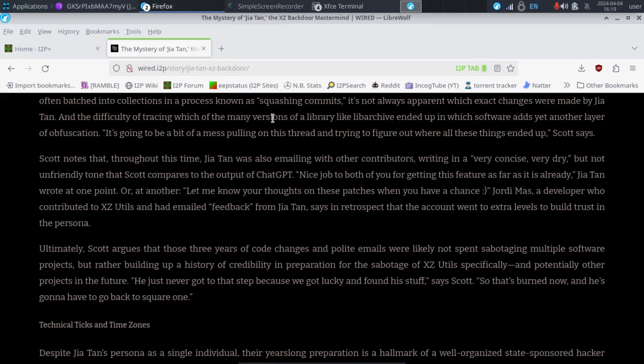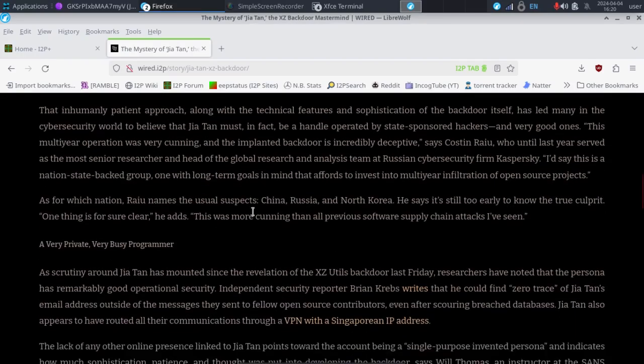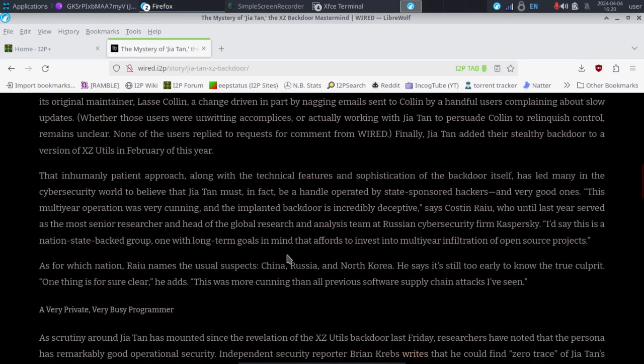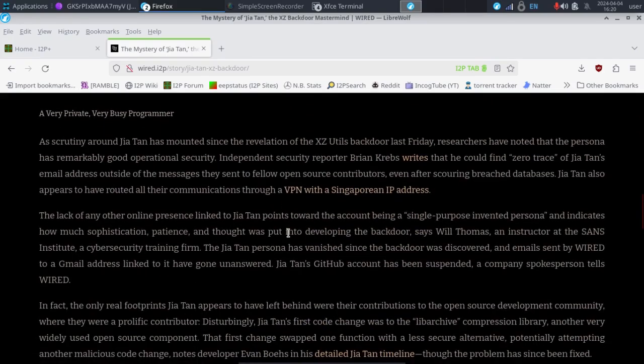So this person was very friendly, very helpful to the project, and at the same time, we also had those who were beating down the maintainer using emails to basically complain about it not being updated enough. So while this person is sending all these emails that are basically beating down the maintainer for xz-utils, really discouraging that developer, at the same time they're trying to get in to get the privileges to make changes, and of course that maintainer saw it as an opportunity to help improve the project.